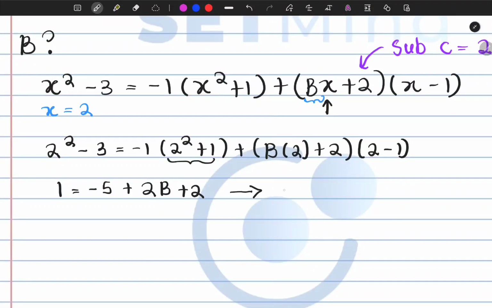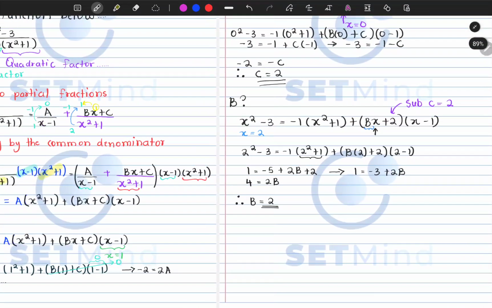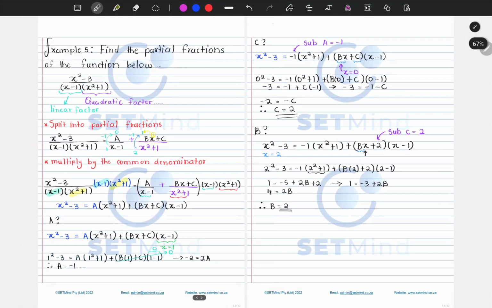And if you look carefully, you'll have 1 equal -3 plus 2b. Then we just transpose to the other side. What we will have is 4 equals 2b. And when you solve for b, you should be able to see that our b will be equal to 2. So we now have a b value of 2.